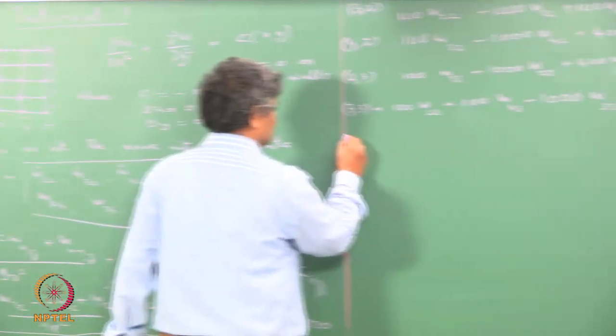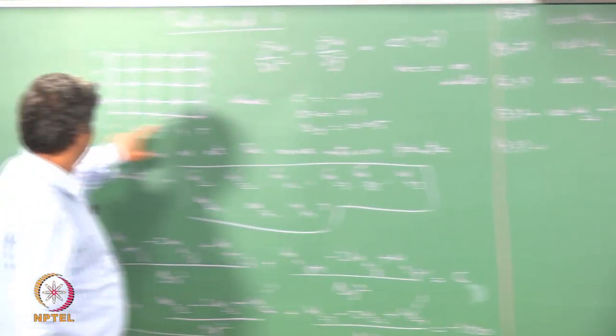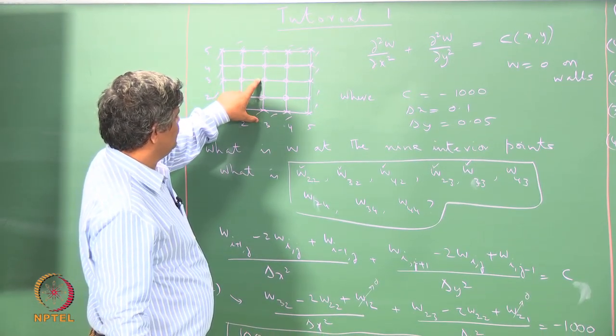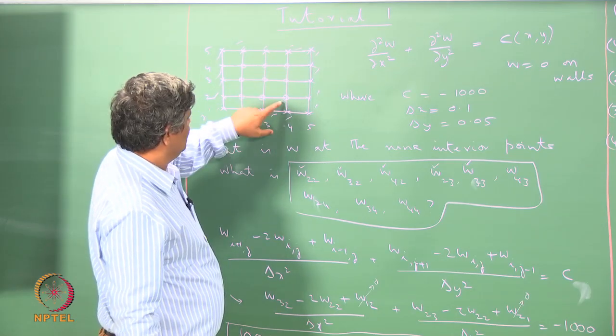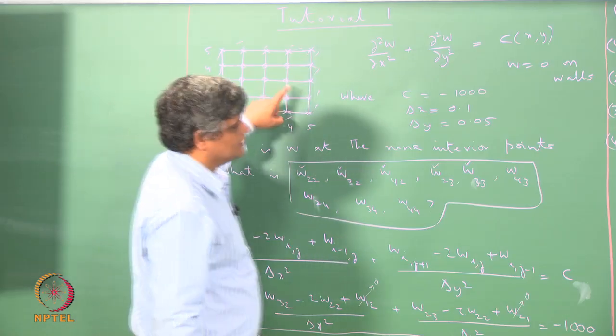We can also write for 43. 43 is this point here. So we have 100 of 33, 400 of 44, 400 of 42, and 1000 of this.